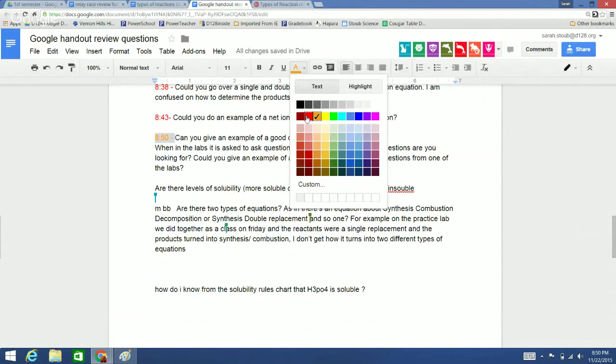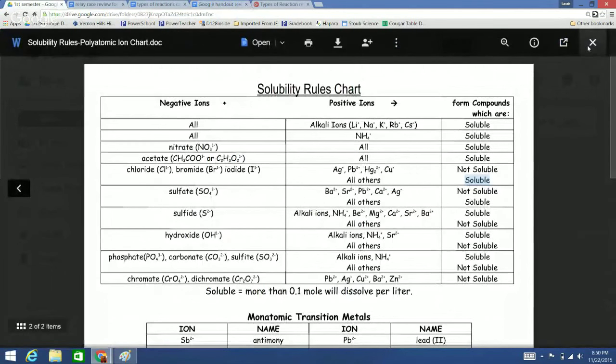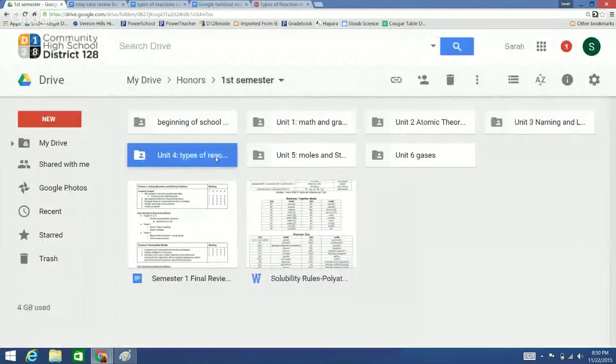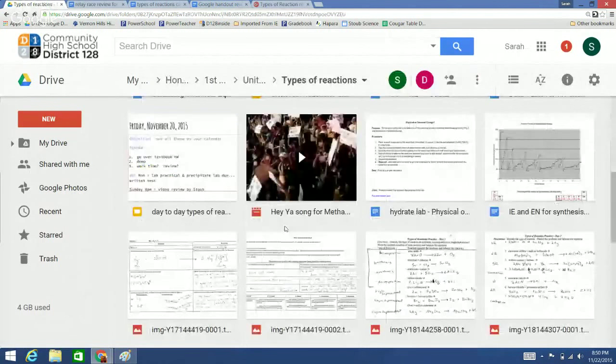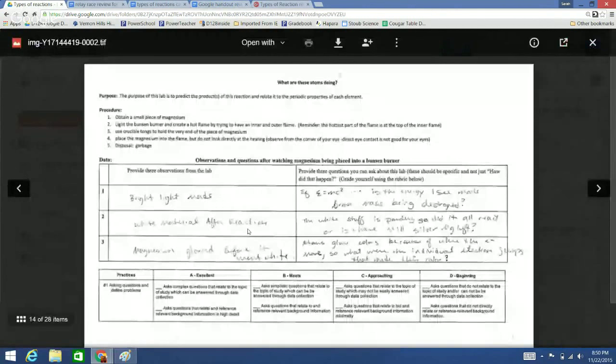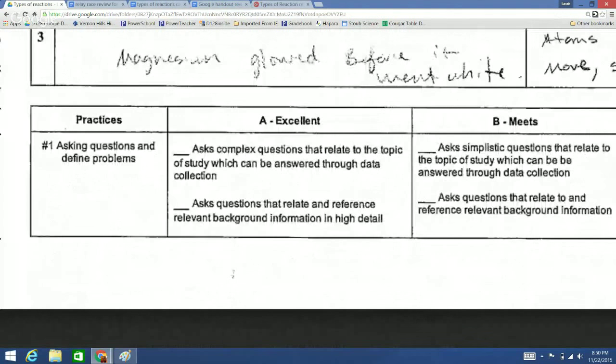So, if we go to your labs. I'm not saying these are the best questions. You can see an excellent question will ask complex questions that relate to the topic of study, which can be answered through data collection.